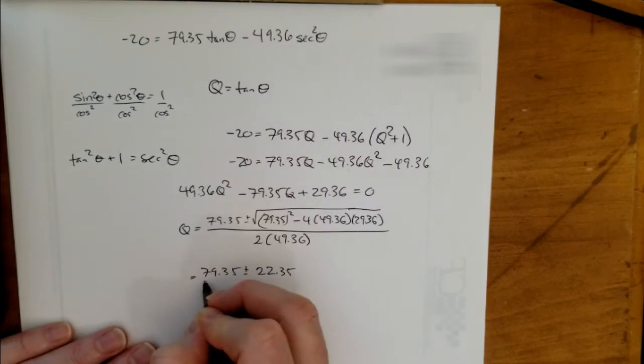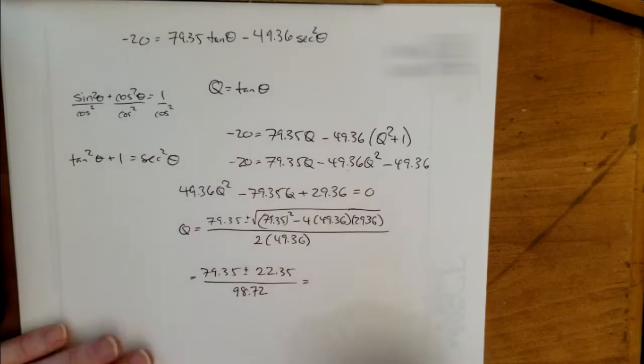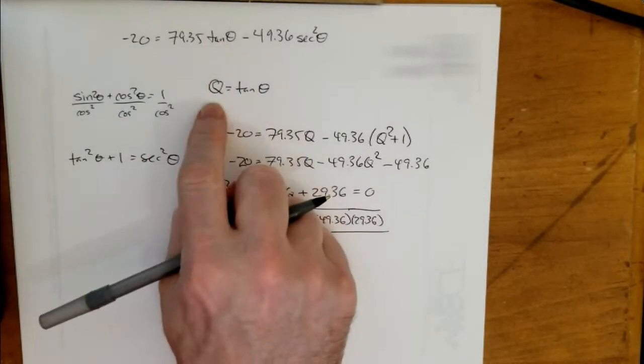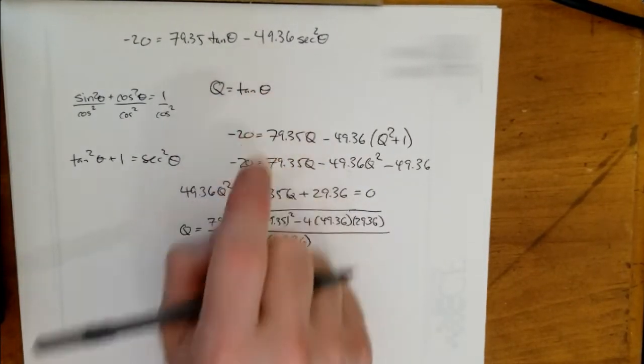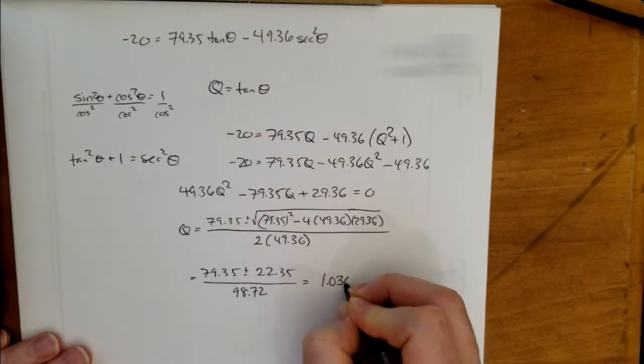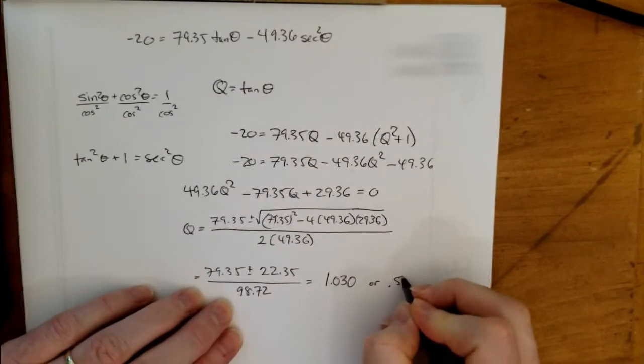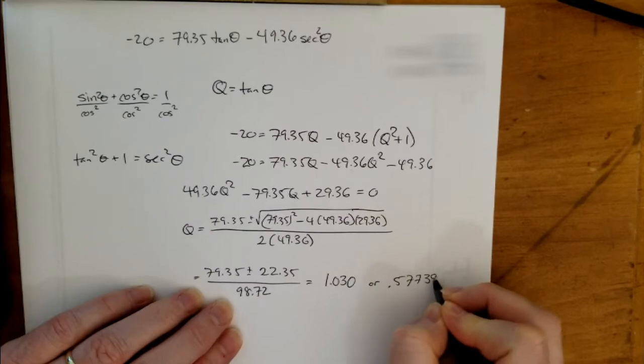79.35 plus or minus 22.35 over 98.72. Remember that Q is the tangent of theta, it's not the angle itself. So I have 1.030 or 0.57739.